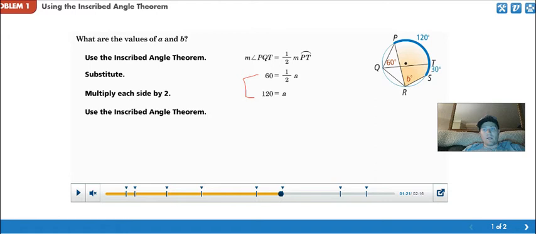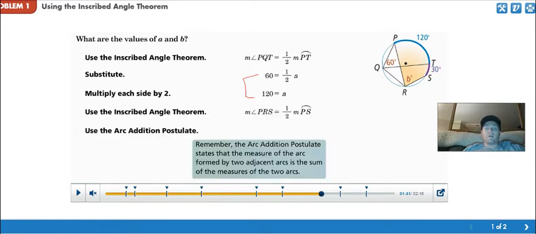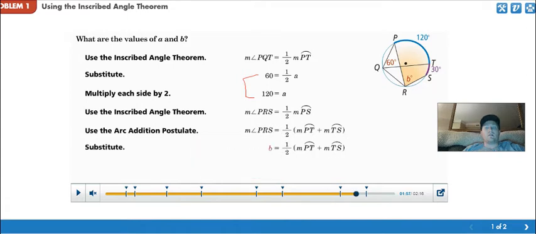But it's not only that, it's plus the 30 that we have right there. So again, what I'm going to do is take those two arcs, add them together, and then cut them in half in order to figure out what that inscribed angle is. So we are going to take half, and that's going to give me the inscribed angle of 75.